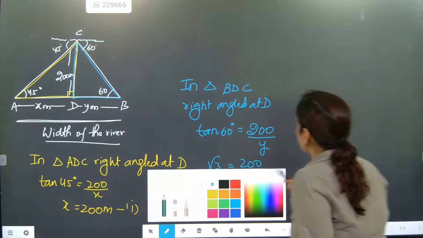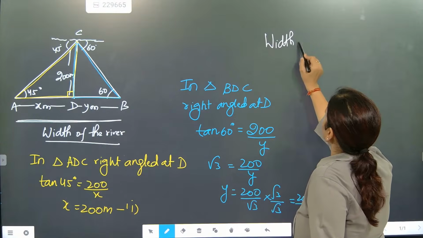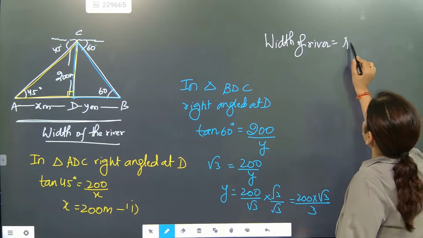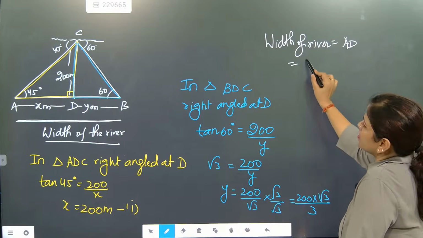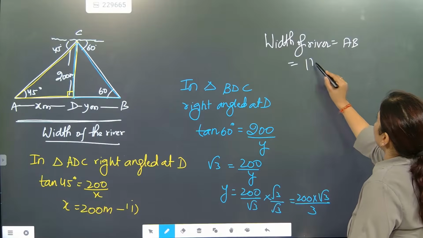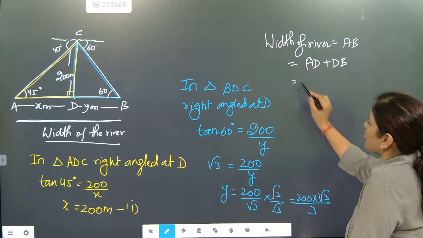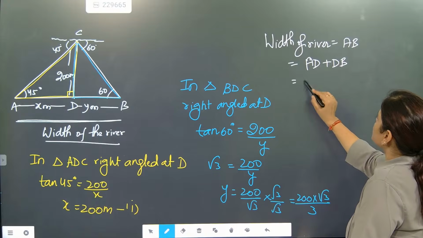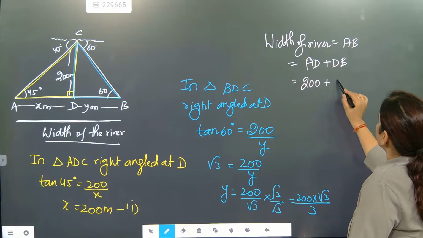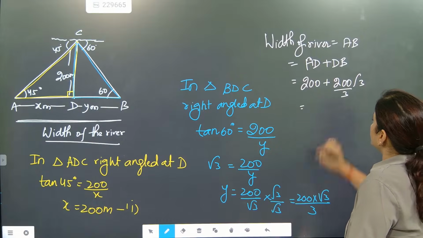Now we will write the width of river is equal to AB. AB is equal to AD plus DB. Now, x is 200 plus 200 root 3 by 3.